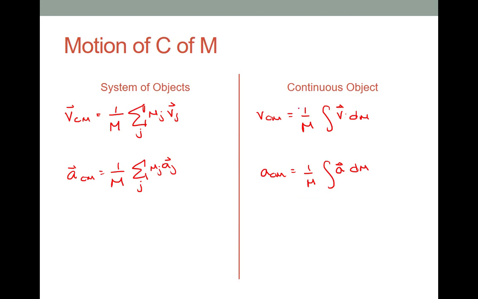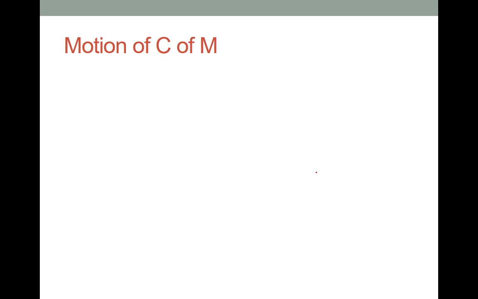Instead, we're going to be thinking about the motion of the center of mass based on how the position of the center of mass is changing. Just as we learned back in Unit 2, I think, I can define the velocity as the derivative with respect to time of the position.